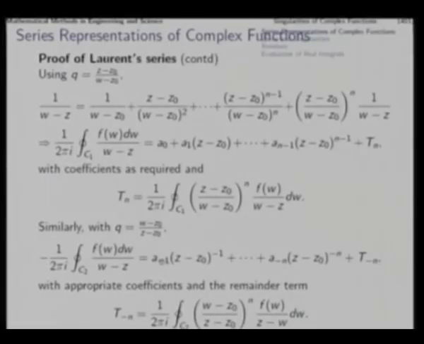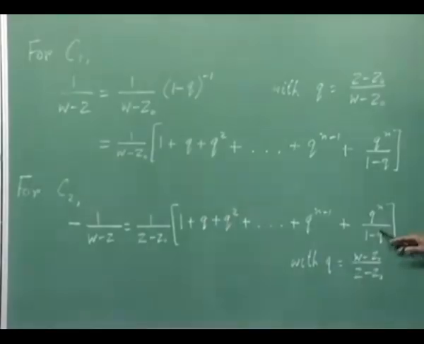That will similarly turn out to be like this, in which the other coefficients will appear as expected, and there will be a remainder term T minus n, that will be like this. That will come from this term.